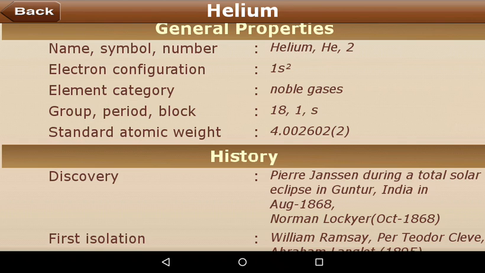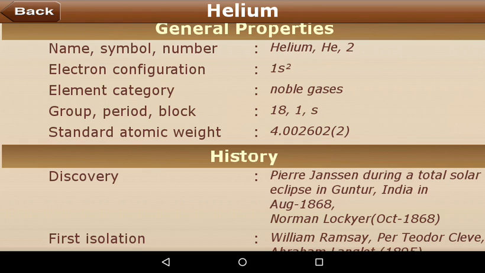So helium has 2 electrons in its outermost shell. That is why it is placed in group 8 of the periodic table, because it is a noble gas.